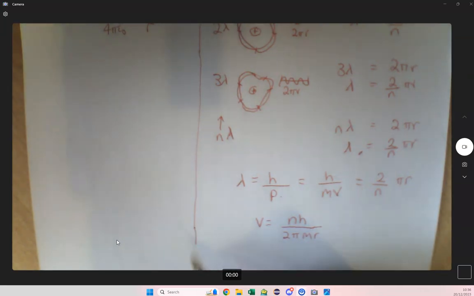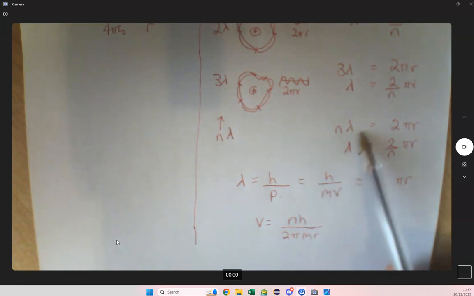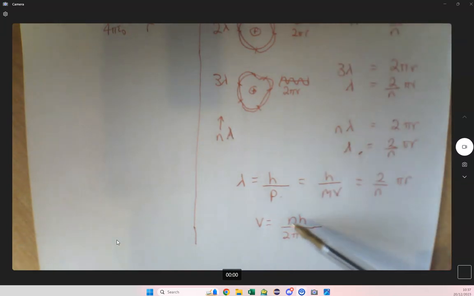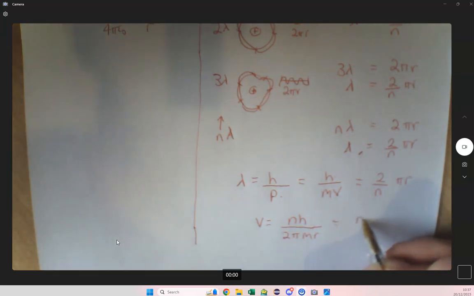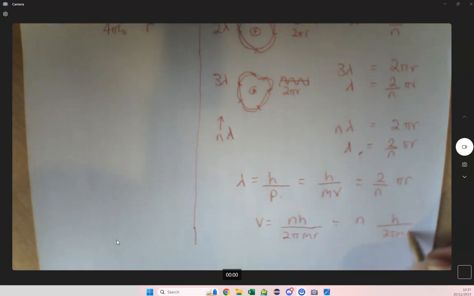So, kind of interesting. We've now got a definition of the speed the electron must be moving at, and it's at discrete speeds. It must be n times h upon 2 pi mr. So it can only exist at certain speeds.